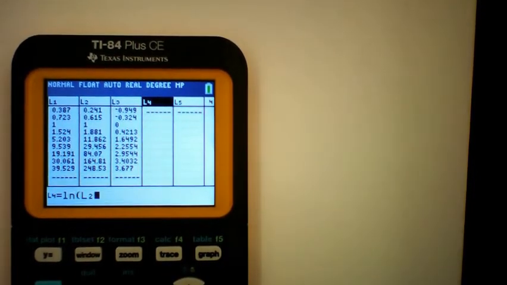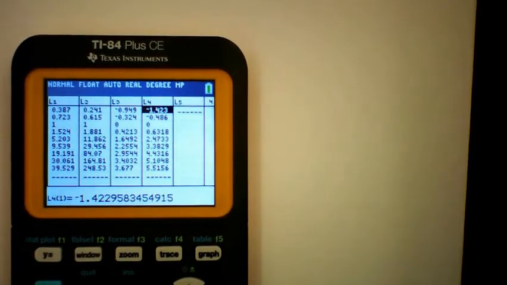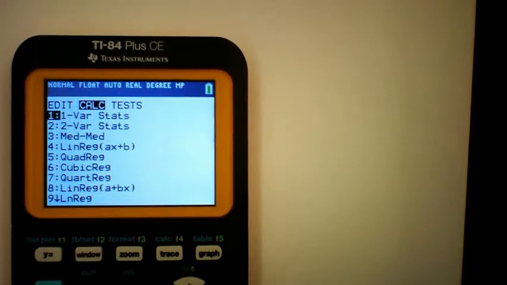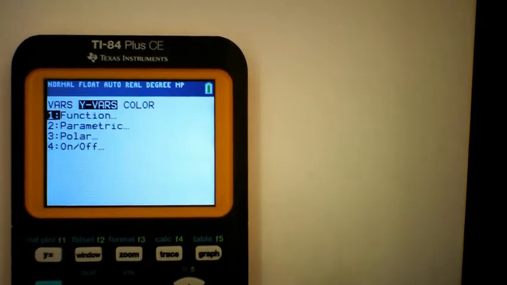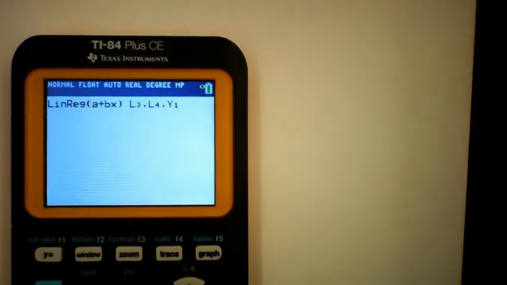So now my transformed x is in L3 and my transformed y is in L4. I'm going to go into stat, calc, linear regression with those two lists, and I will store the equation just because I can in the vars function Y1. And so calculate that.